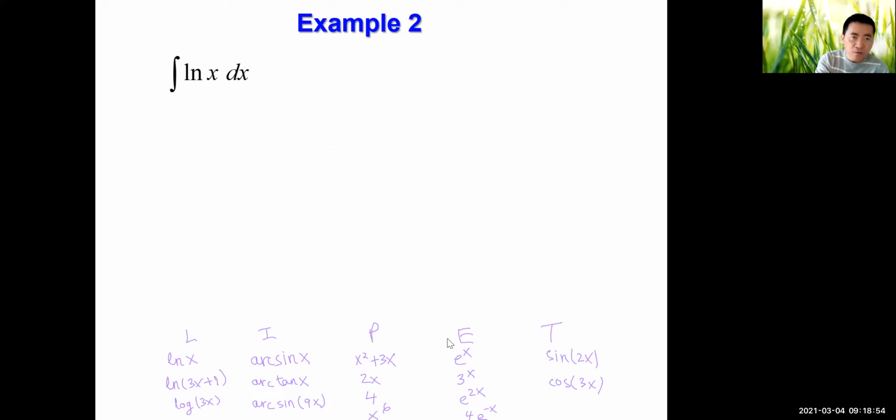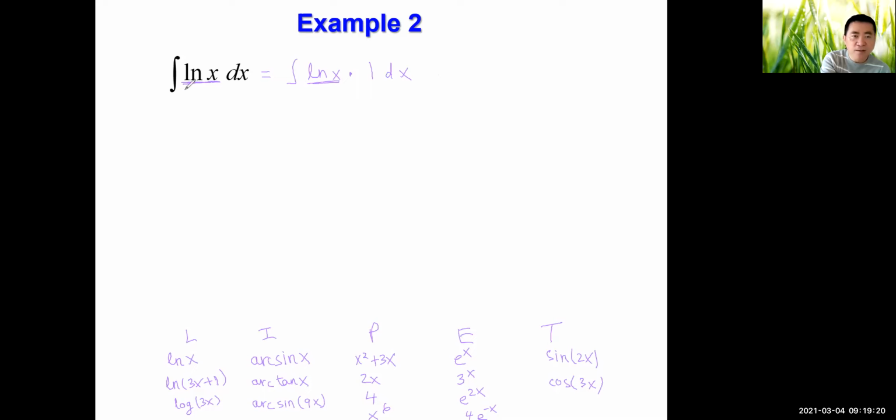Then you're like, we only have natural log of x, we only have 1 part, so what's the other part? Well, you can always think of that as the same as ln x times 1 dx, right? So we do have 2 parts.